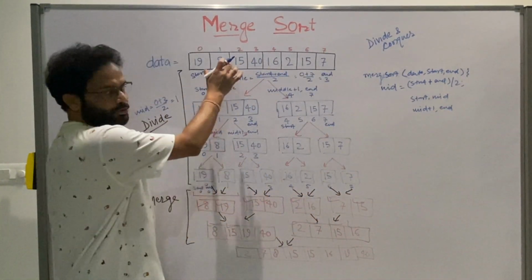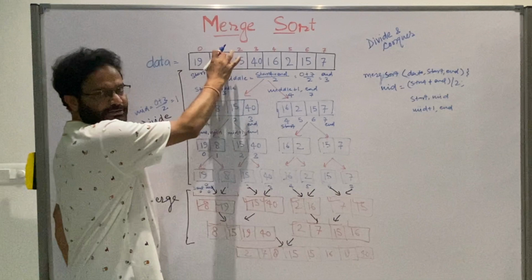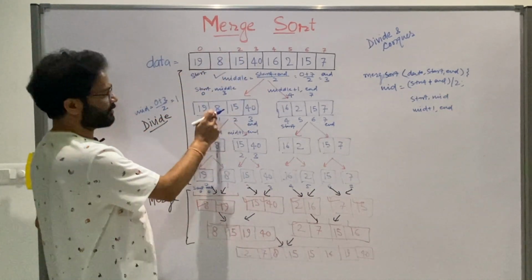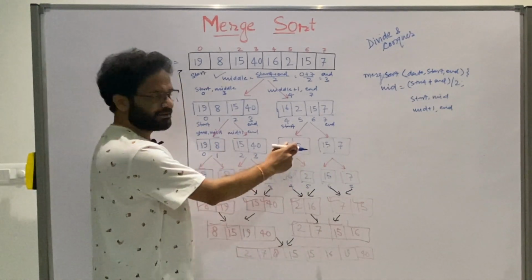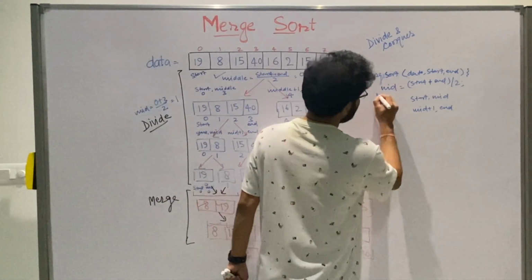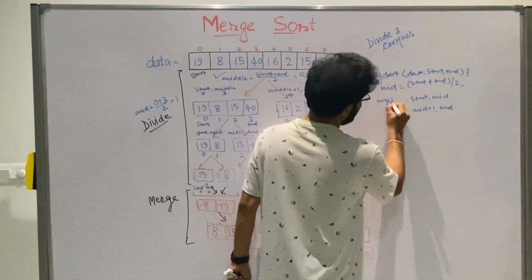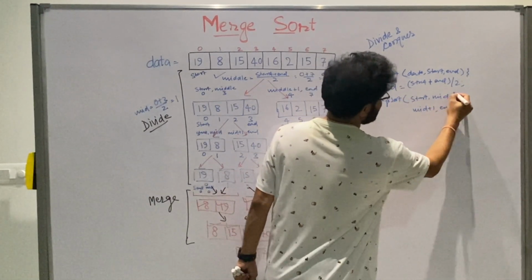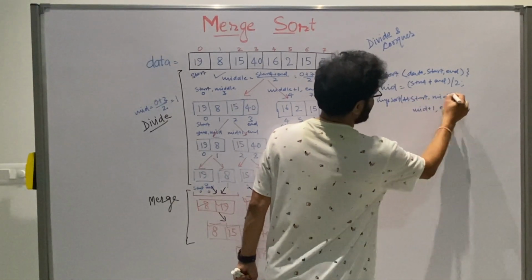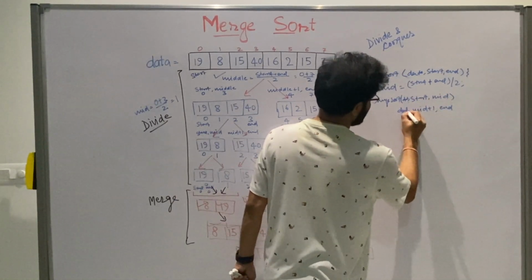And so we apply this method on this data set, but again you have to apply the same method on this data set also, right? So you have to recursively call the same method. So I am calling the same method mergesort, passing the data also.